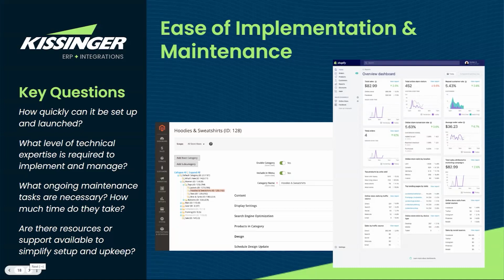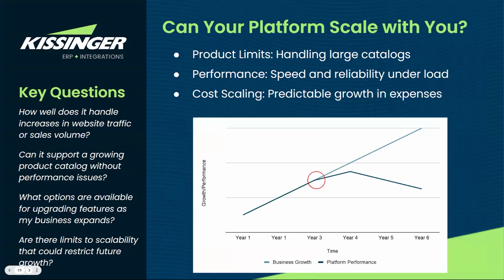So let's go to the next slide. I think this is a good one because we're going to talk about what's happening next. So you're live, you're doing your business online, you didn't get everything you wanted, and you want to add some more features now. We find there is a breaking point for most platforms. People who pick the wrong platform up front, as the business grows or the complexity scales up, or you need crazy things because you do business in a different way that makes you stand out from your competitors.